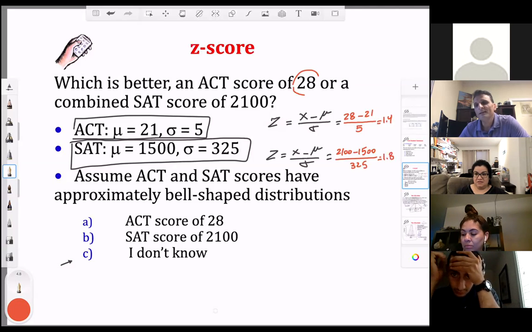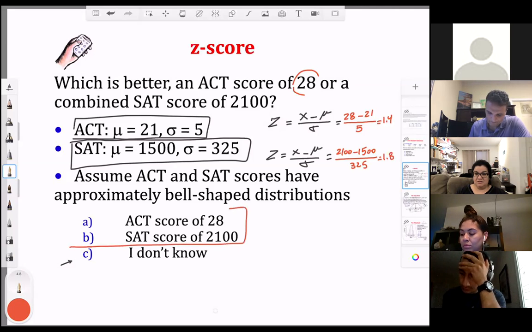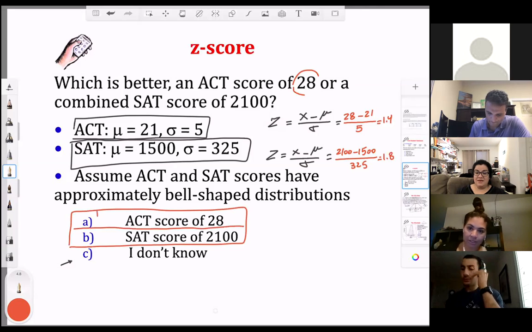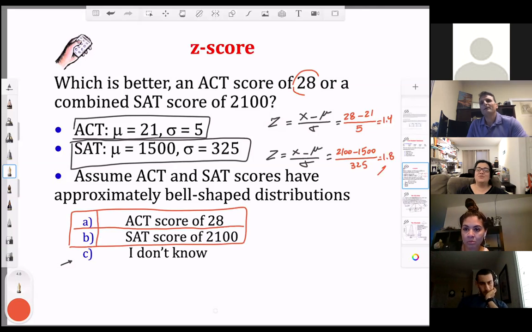So we have two Z scores. Now, which one is a better score? B. B is 1.8. You're right. It's 1.8 standard deviations from the mean.